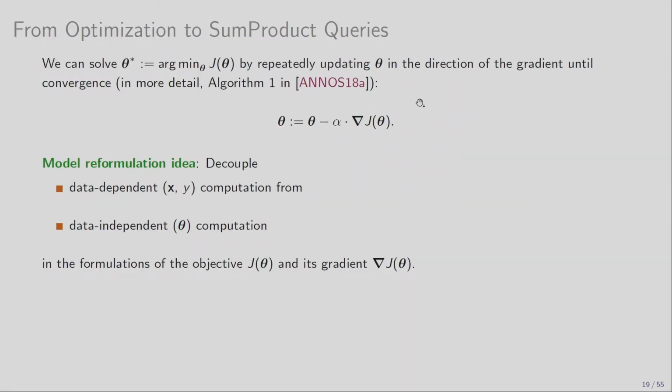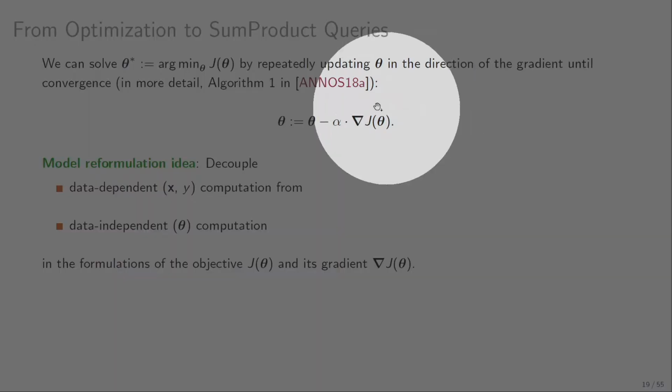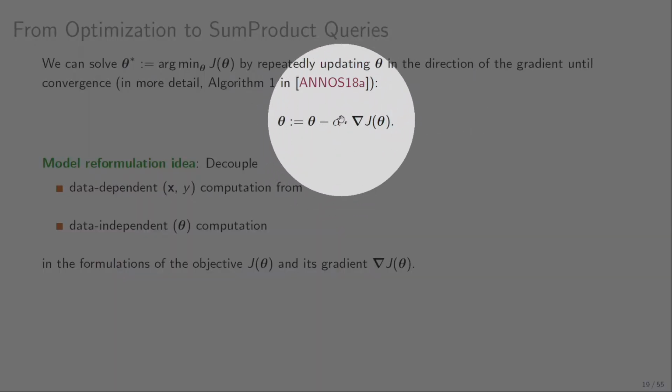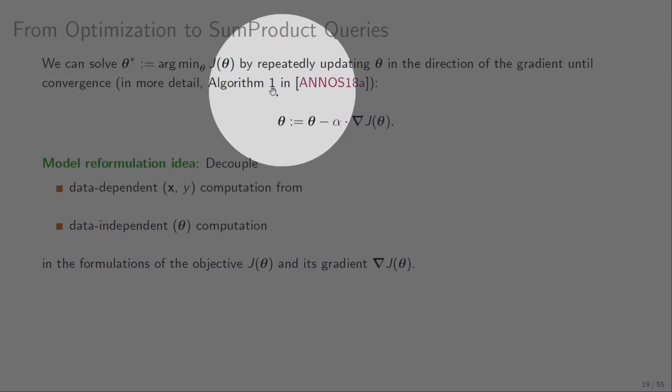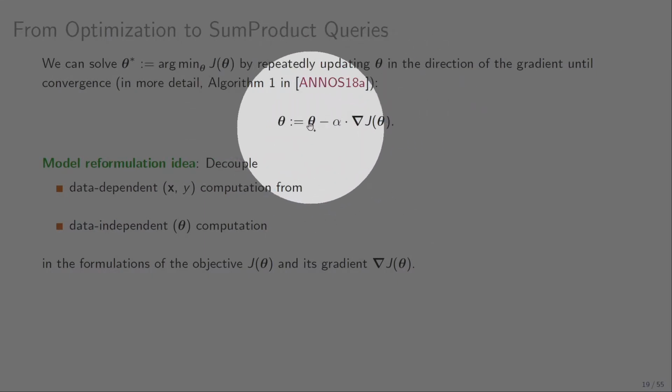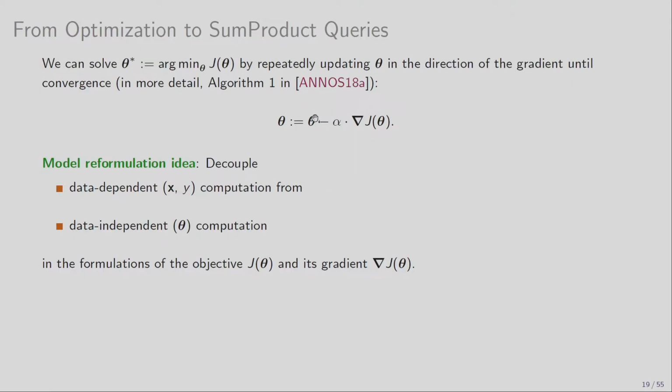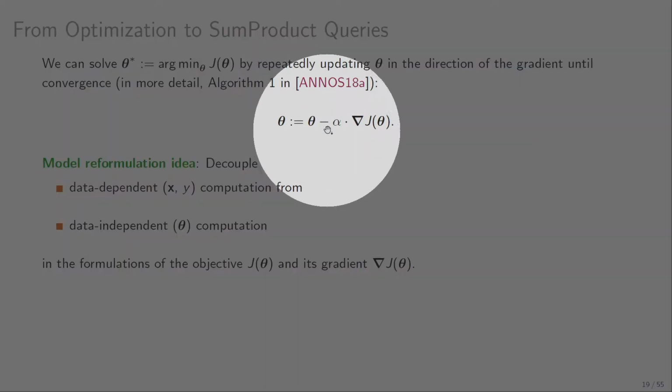It's a bit more involved because it uses a special, interesting line search that proved to be better, in particular to decide on the step rate alpha. Because effectively this says: I start with some values of the parameters. This theta is in bold, meaning I'm talking about the vector of all parameters. And then I move in the direction of the gradient.